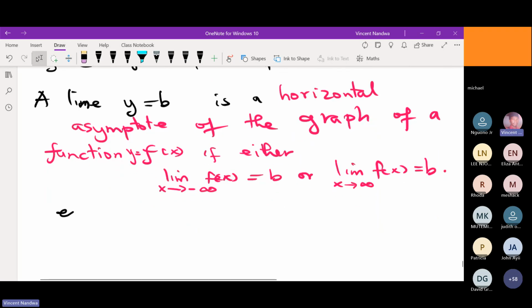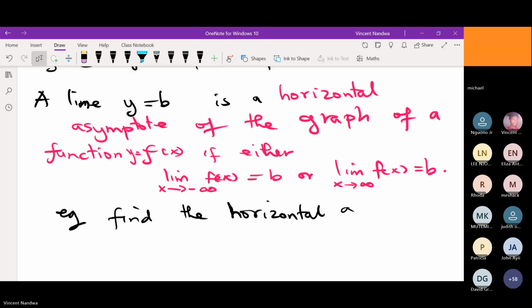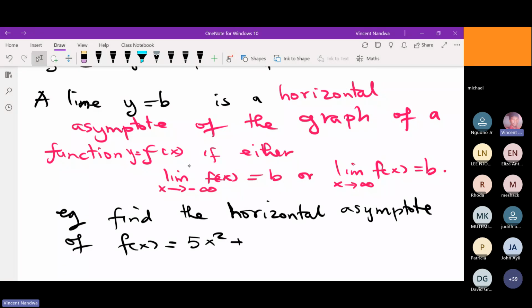So for example, find the horizontal asymptote of f of x equals 5x squared plus 8x minus 3 over 3x squared plus 2.